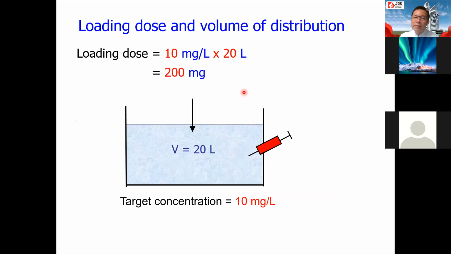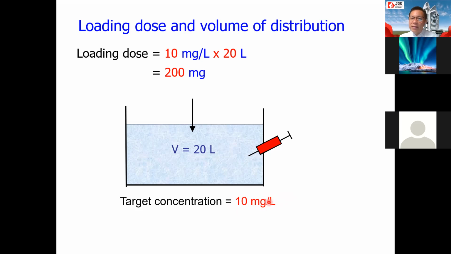Example, loading dose 10 milligram. This application is for the loading dose. When we give a loading dose, it means we load the patient at one go with this amount. Let's say we want to achieve a target concentration of 10 milligram per liter. How much loading dose is needed?